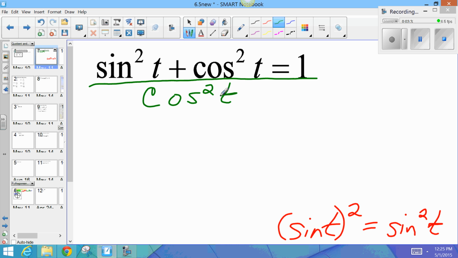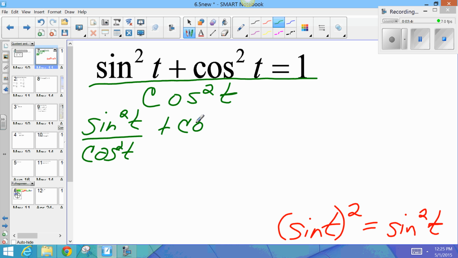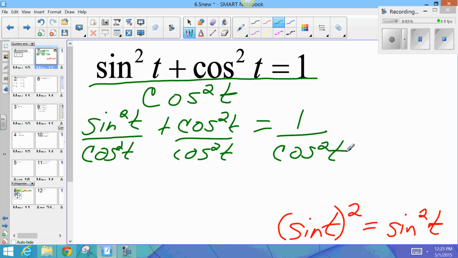So by dividing by cosine squared of t, I'm not changing the value of this equation. Right? I'm going to break this down into terms. So I've got sine squared of t over cosine squared of t plus cosine squared of t over cosine squared of t equals 1 over cosine squared of t.